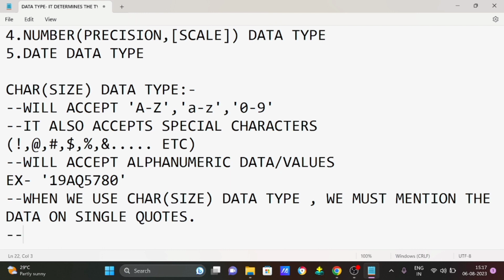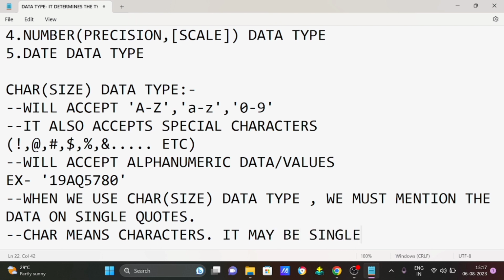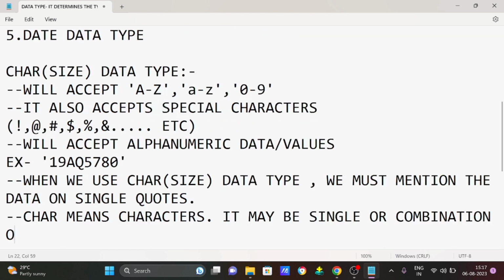Next, char means characters. It may be single or a combination of characters. Now, the exact thing is, char means characters. The word char refers to characters.